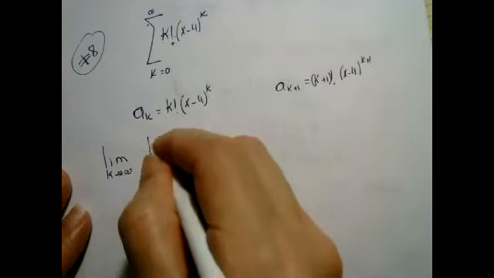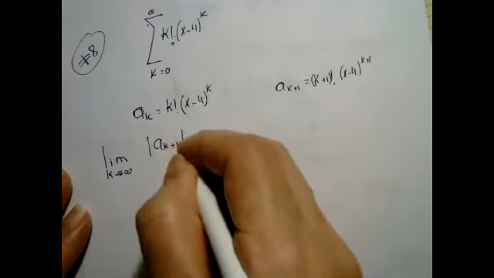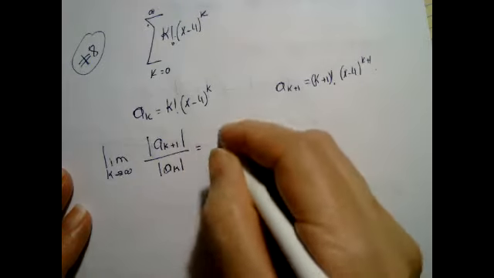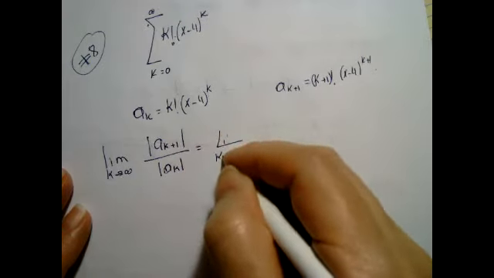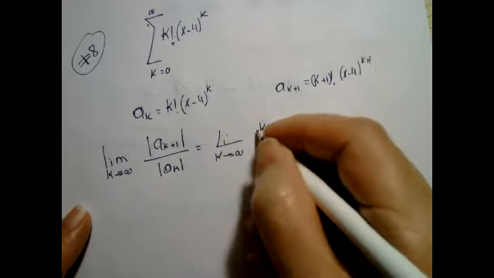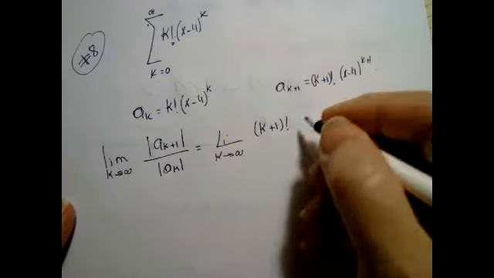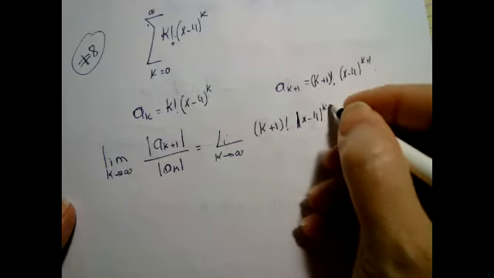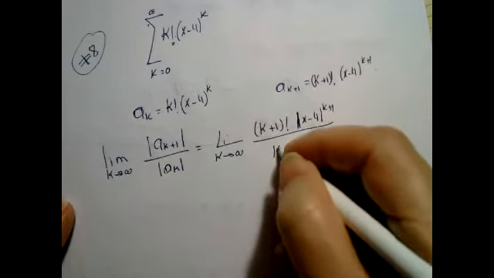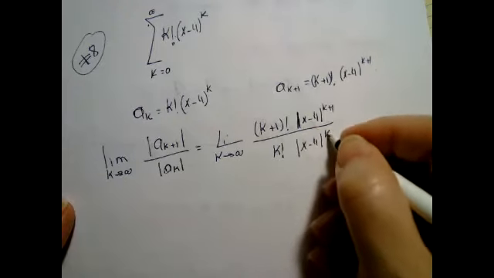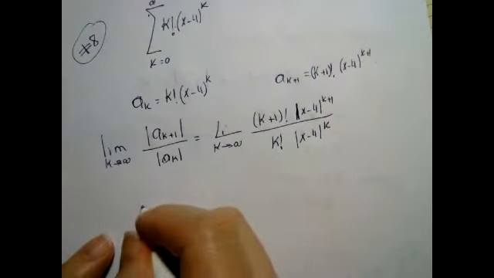So a_(k+1) over a_k is the limit as k goes to infinity of the absolute value of (k plus 1) factorial... well, there is no real ratio here, it's the absolute value of (x minus 4) to the k plus 1 over k factorial times (x minus 4) to the k.